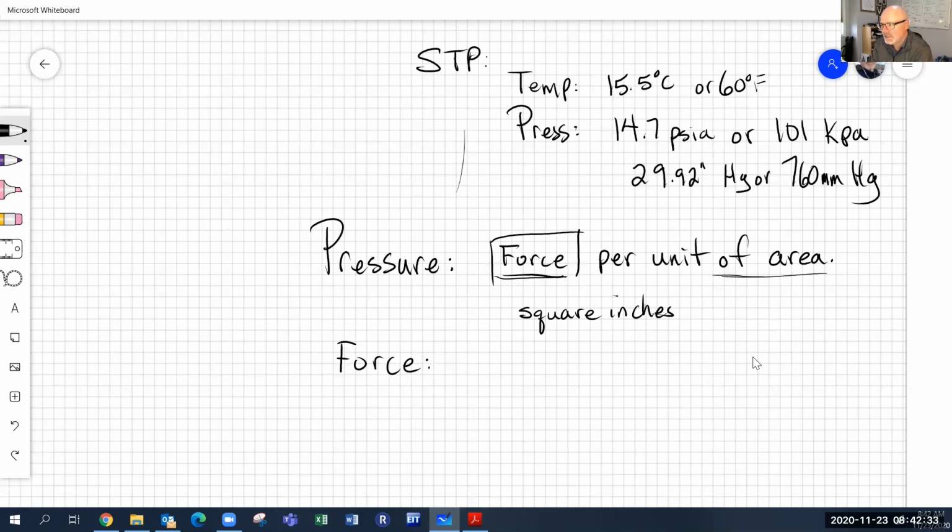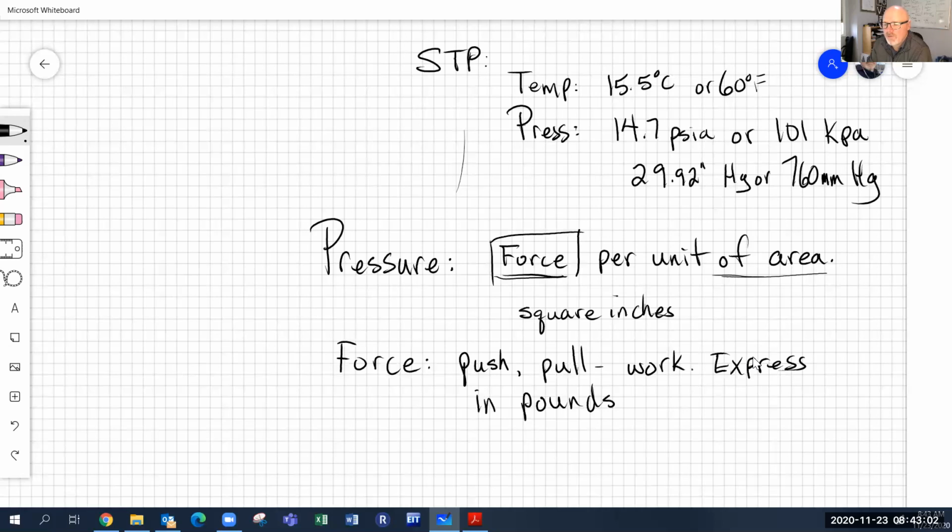And the definition of force is sometimes a push, sometimes it's a pull, and sometimes it's called work. We express force in pounds.